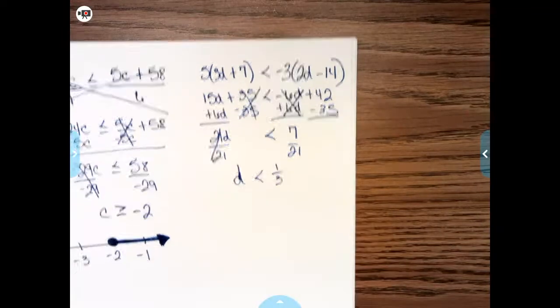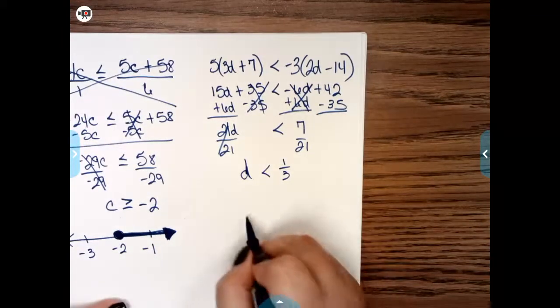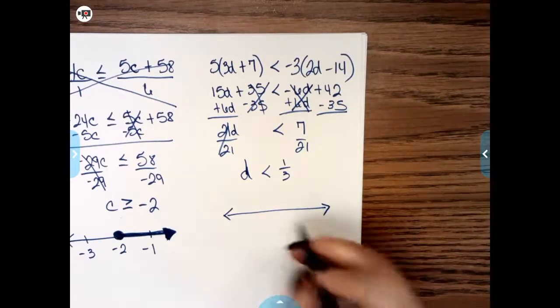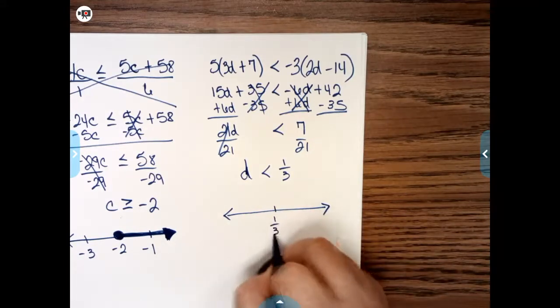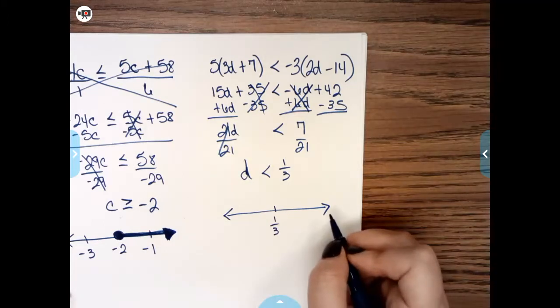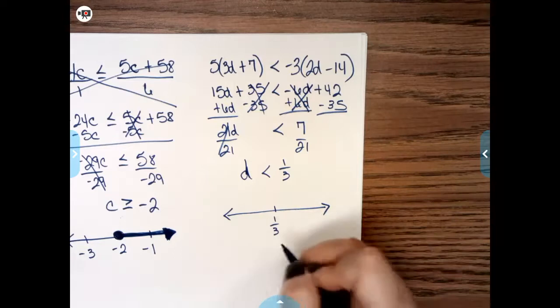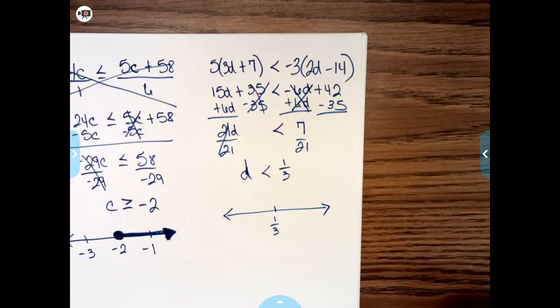1/3 is our fraction. So the way you can do this is practice knowing where your fractions are. If I have 1/3, that's between 0 and 1, correct? It's not quite to the half mark. 2/3 would be over half.